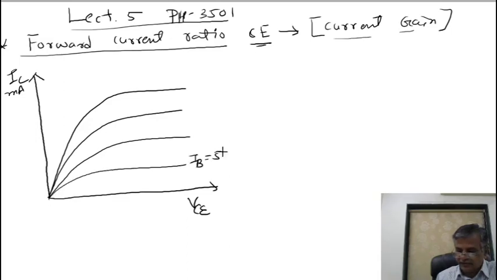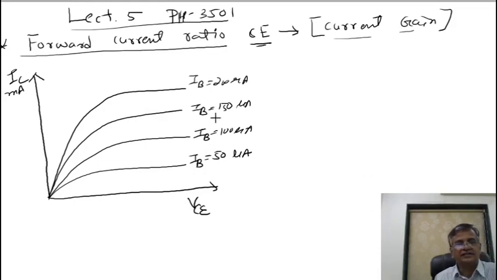Here the base current is 50 microampere. For this I have kept 100 microampere. For this graph it is 150 microampere, and for this 200 microampere. Not necessarily you should take like this. To explain this topic I have taken this data.